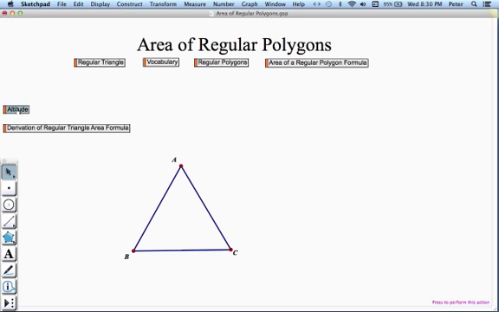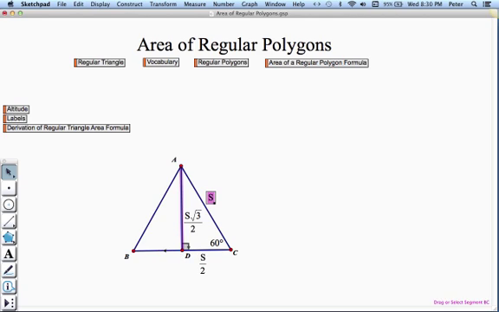Now if I draw an altitude, that will turn this regular triangle into 2 30-60-90 triangles. Now, all semester, we've said that one of the sides was 2A. Well, I'm going to rename it for the purpose of this example, and we're going to say that each side of the regular triangle is S. Now, when I draw the altitude to the opposite side, that divides the opposite side, BC, into 2 congruent segments.